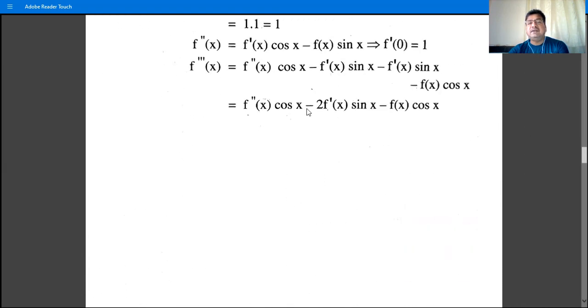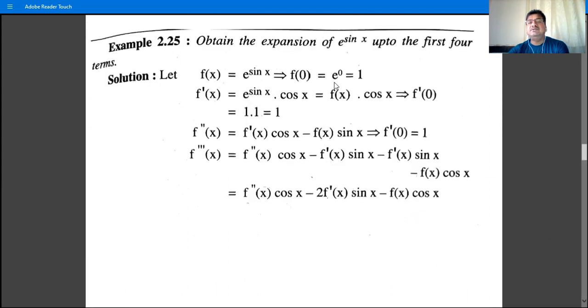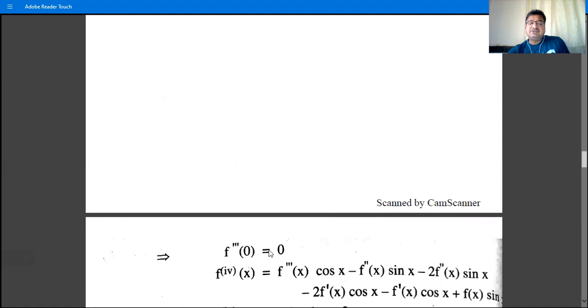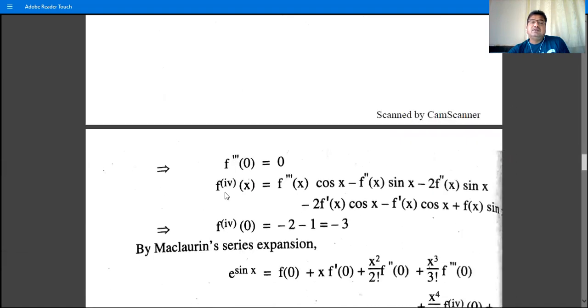So right here the value is 1, this is 1, this is 0, and this is what? f(0) is 1. So the value of this quantity is 1, the value of this quantity is 0, and the value of this quantity is 1, and 1 minus 1 becomes 0. So f'''(0) is 0. Okay.